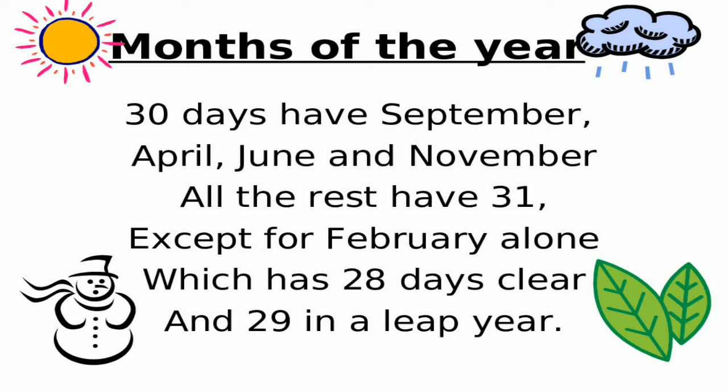September, April, June, and November have thirty days. February has twenty-eight days, and twenty-nine days in a leap year.